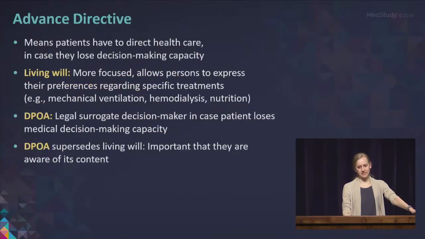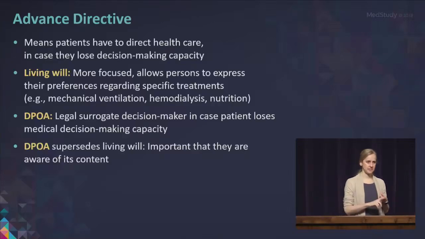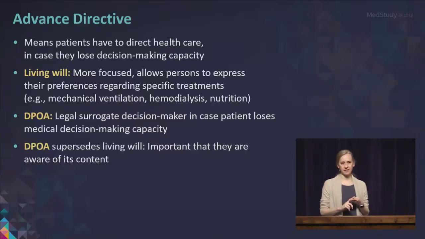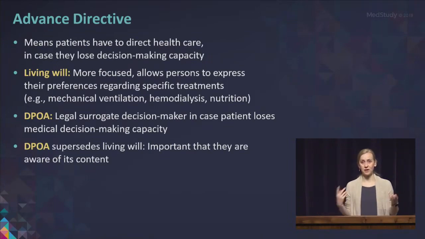So an advance directive is similar to a power of attorney in that it is a document, right? So it's a way for them to direct their healthcare in case they lose decision-making capacity, but it's more focused, right? So you can say, I never want to be intubated. I never want to get antibiotics if I have dementia, whatever it is.